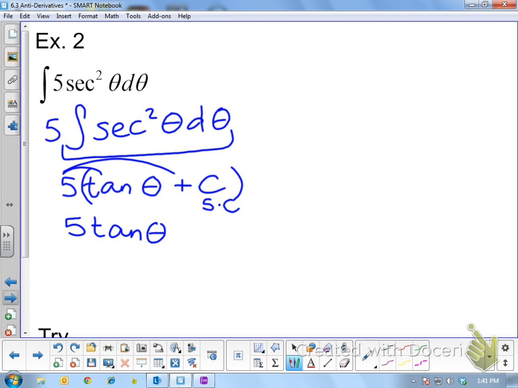But technically it would still be some constant, right? Since it's still a constant, they kind of let c absorb any constant. Any multiplication or division into this constant, they say, well, that's still a constant. So they still call it c. So really, we don't have to worry about this. This was just to show you. If you were to put parentheses, would the state be okay with that? No.